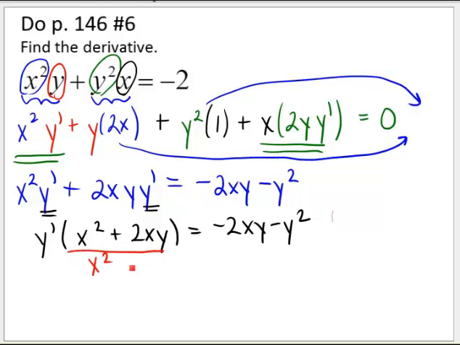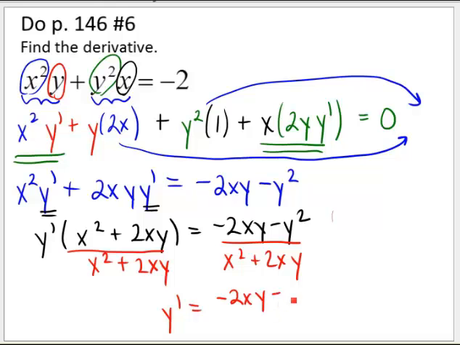So I'm going to divide by x squared plus 2xy on both sides. Final answer, y prime, or dy over dx, whatever you're using, is negative 2xy minus y squared all over x squared plus 2xy.